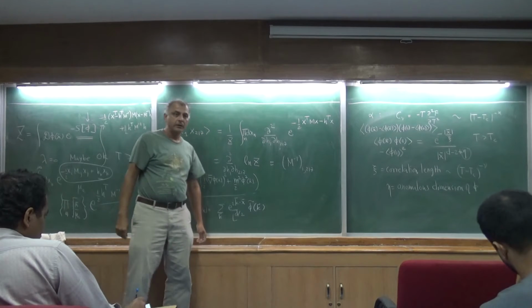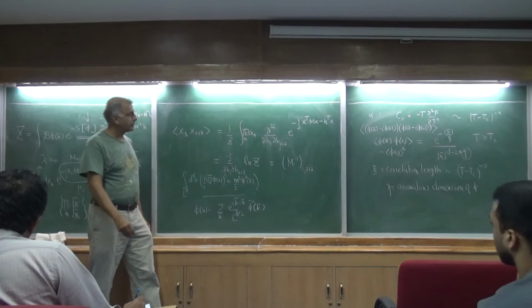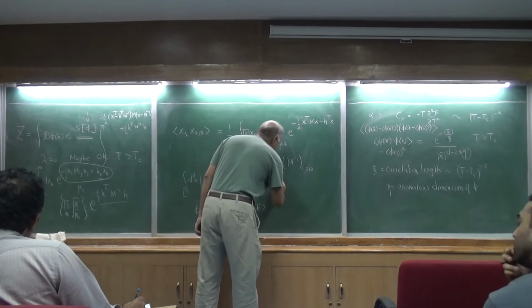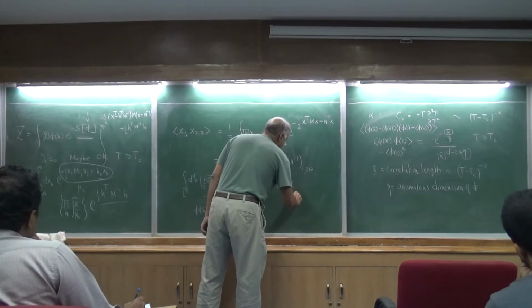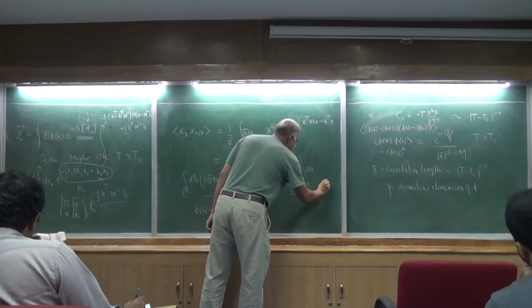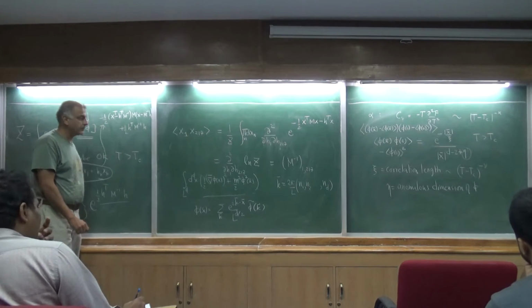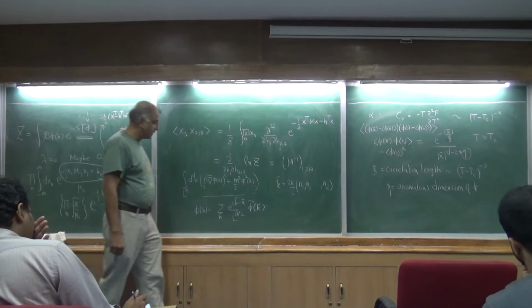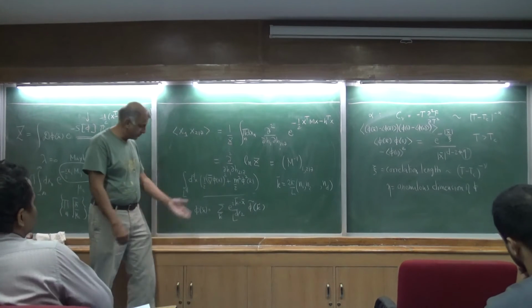These k's are discrete because I'm putting periodic boundary conditions, and therefore each of my k's has splitting 2 pi over L, with a first integer, second integer, and so on, up to the d-th integer. So it's a sum. And of course the inverse transform you can do very easily.